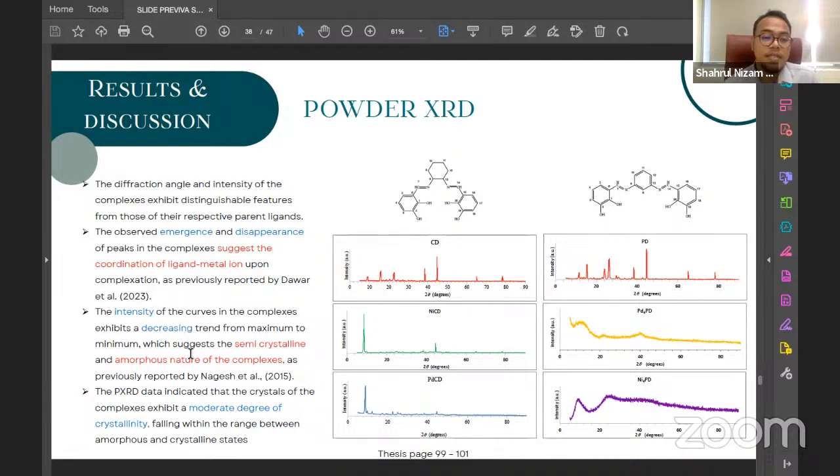If they have a moderate degree of crystallinity, most of the complexes fall within the range between amorphous and crystalline states. Why did we do this? Because unfortunately, my student did not get the single crystal. So we have to show the examiner and the people reading our paper that even without single crystal XRD, we can tell the crystallinity of the complexes.